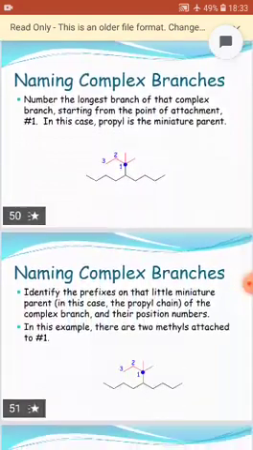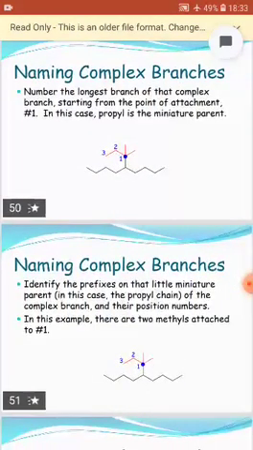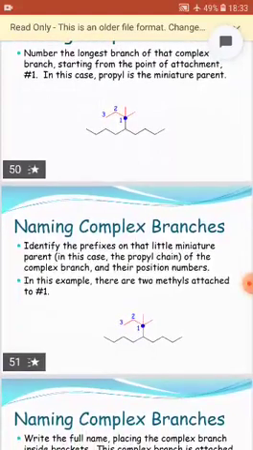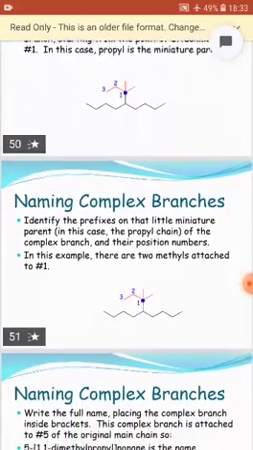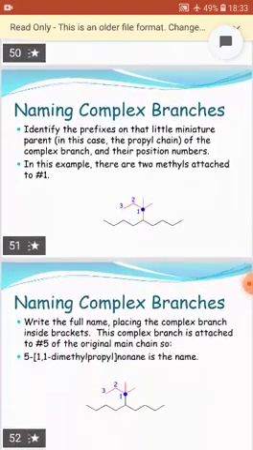Naming complex branches: identify the prefixes on that little miniature parent, in this case the propyl chain of the complex branch, and their position numbers. In this example, there are 2 methyls attached to position 1.